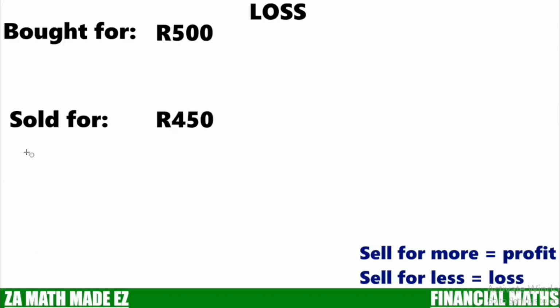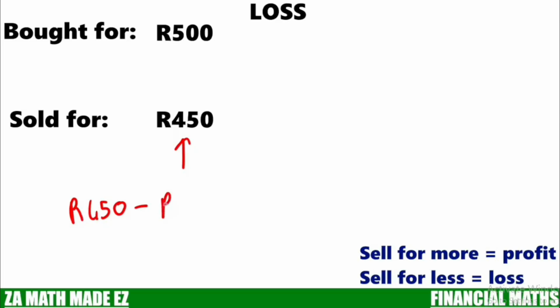Loss. If you bought something for 500 Rand, let's say I bought shoes for 500 Rand, and I sold them for 450 Rand. Did I make money or did I lose money? You would take the amount you sold them for, which is 450 Rand, and you would minus that by the amount you bought them for.